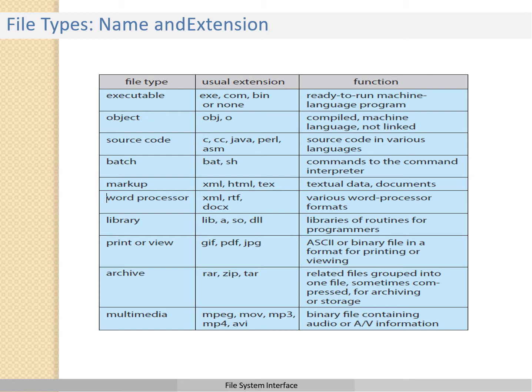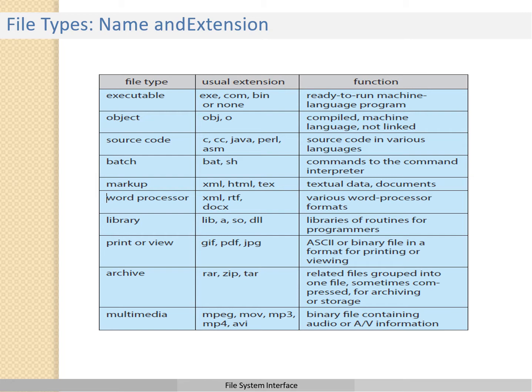We have markup, whose extension is XML, HTML, TEX. It is textual data or documents. Then we have a word processor file whose extension is .xml, .rtf, .docx. These are various word processor formats.